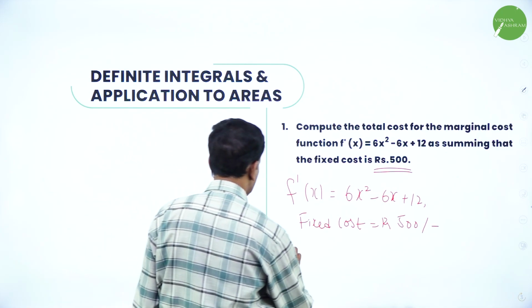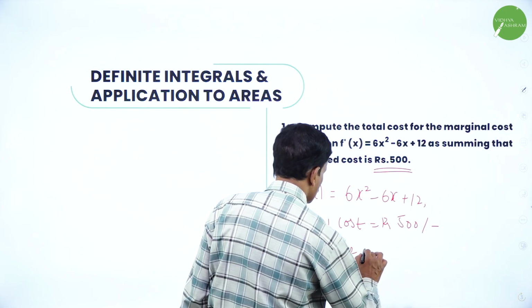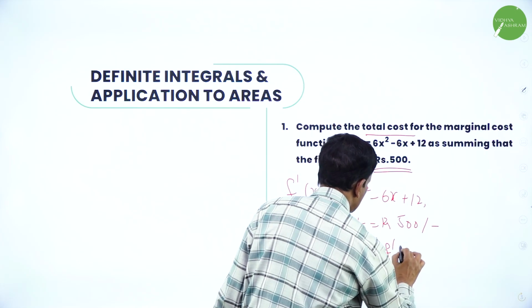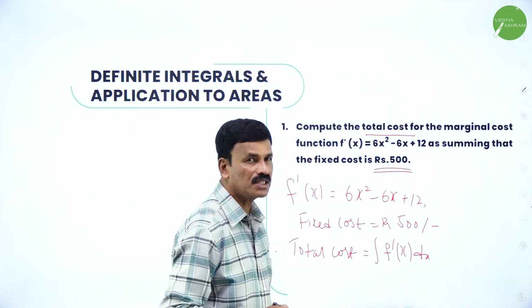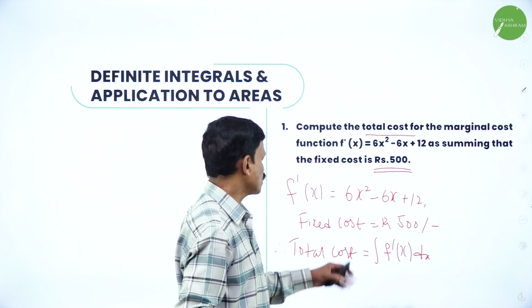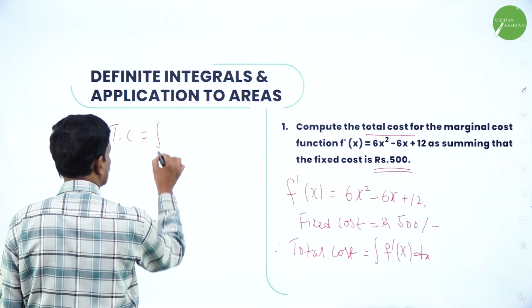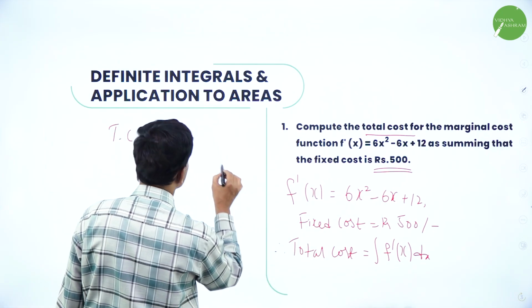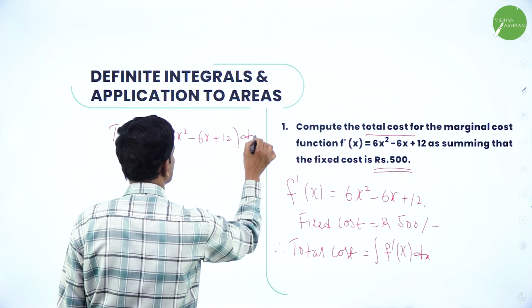Now, what is the total cost? The total cost is equal to the integration of f dash x dx. So the integral of f dash x dx will give the total cost. That is equal to the integral of 6x square minus 6x plus 12 dx.